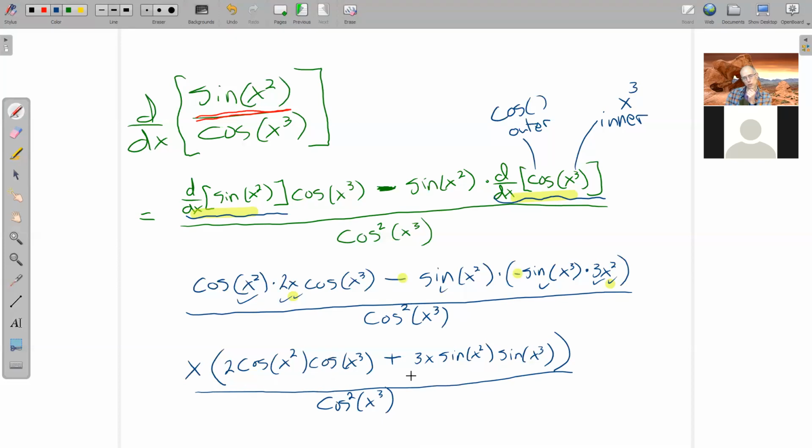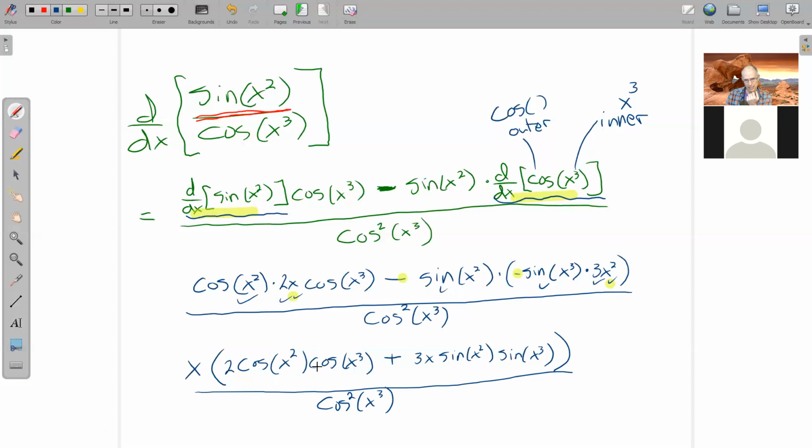So cosine, cosine, sine, sine looks kind of like the angle sum for cosine, but the 2 and the 3x messed that up. Don't see anything else we can do to clean this up.